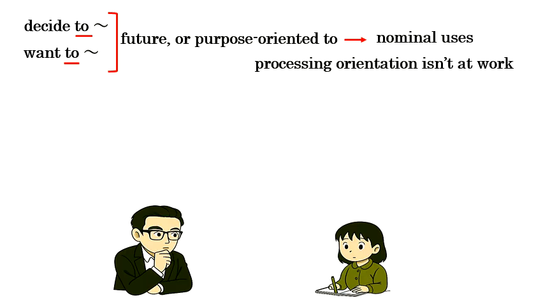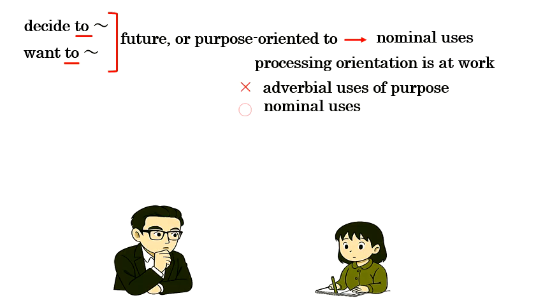Does that mean that processing orientation isn't at work in these cases? No, the processing orientation is at work here as well. But they still don't count as adverbial uses of purpose. Right. They don't. Why not?